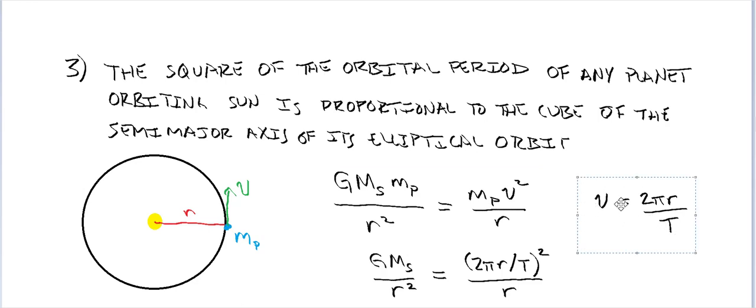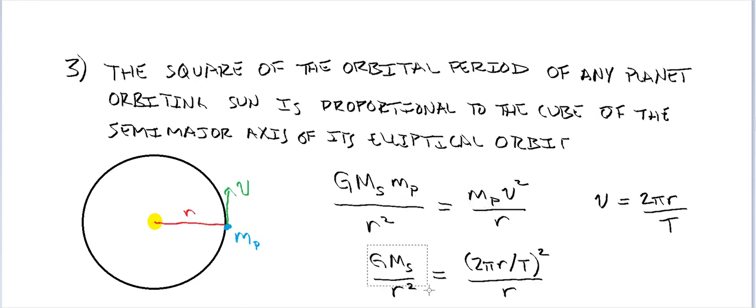And we can say that the average speed here is just the circumference 2 pi r divided by the orbital period T. So v is just going to be 2 pi r over T. And this is fair for the circular orbit. Note that there's an m planet on both sides of the equation, so I can divide through and cancel.